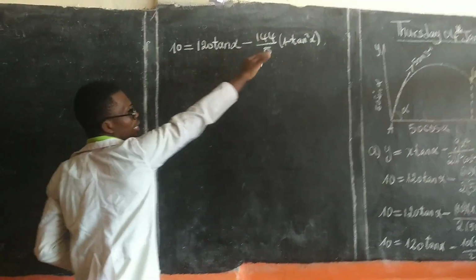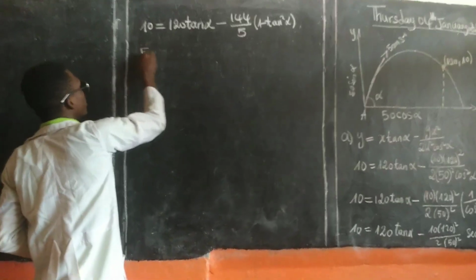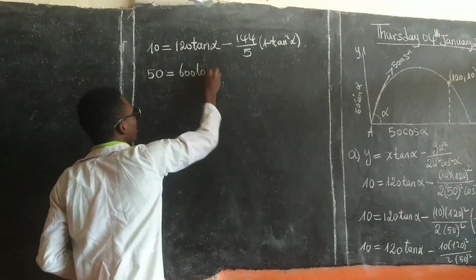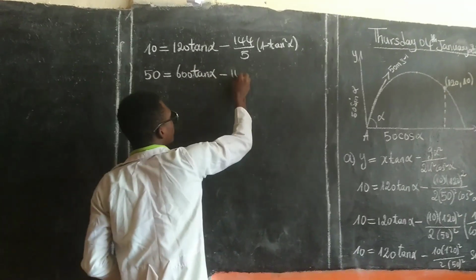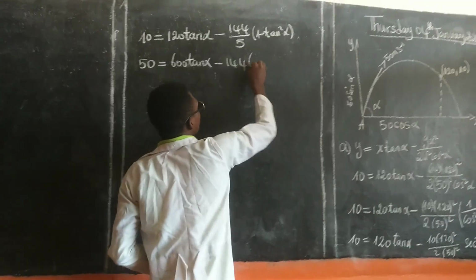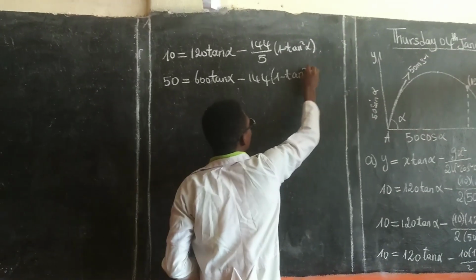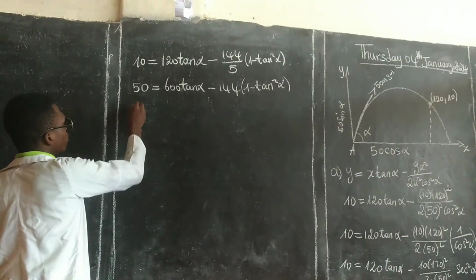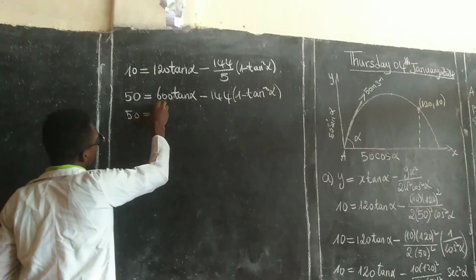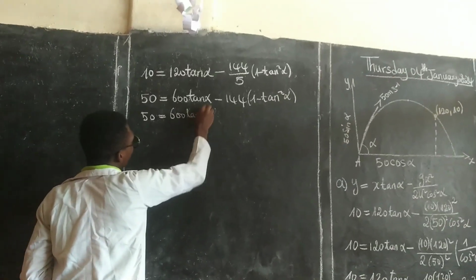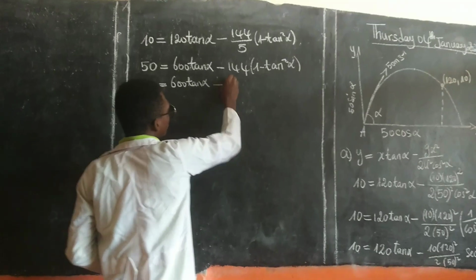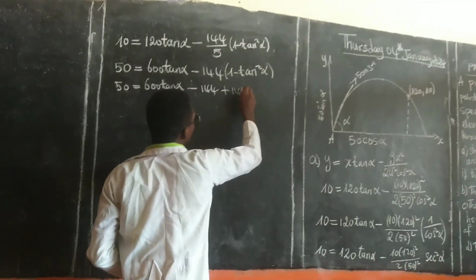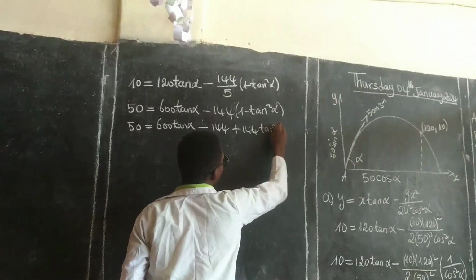Now let me multiply 2 by 5. I have 50 equal to 600 tan alpha minus 144 into (1 plus tan squared alpha). Now it means 50 is equal to 600 tan alpha minus 144 minus 144 tan squared alpha.